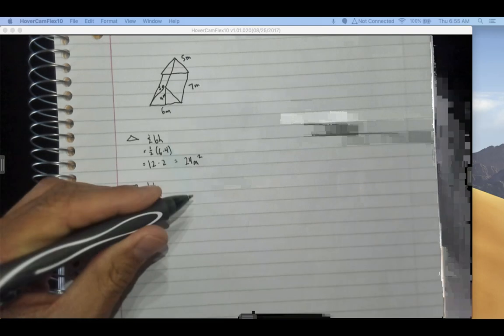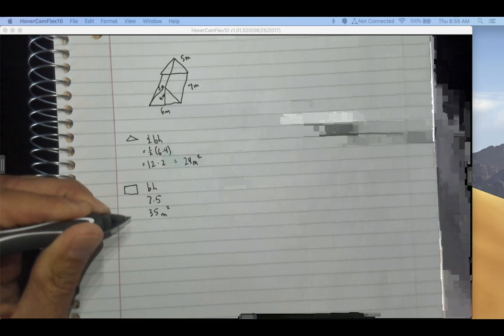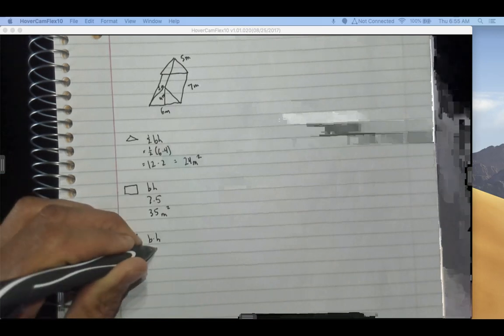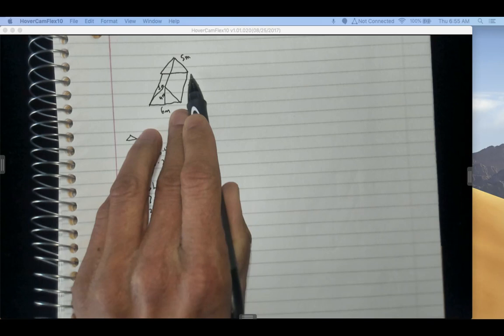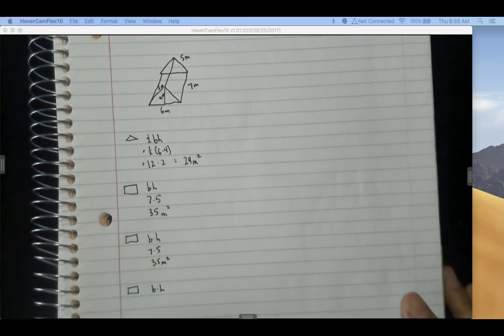So the other rectangle, the base times the height, is 7 times 5, which is 35 meters squared. Then the bottom one is 6 times 7. And so the base times the height is going to be 6 times 7, or 35 meters.